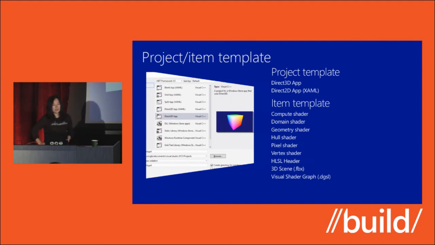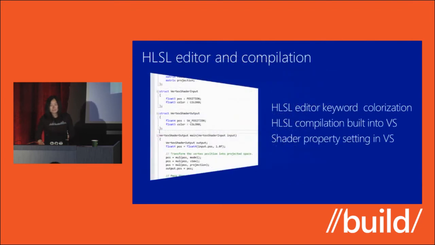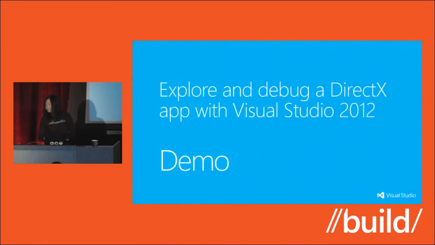We're going to get to that in a minute. We looked at the HLSL editor and compilation, all the experience integrated into Visual Studio. You don't have to take any extra steps. You don't have to leave Visual Studio for anything.